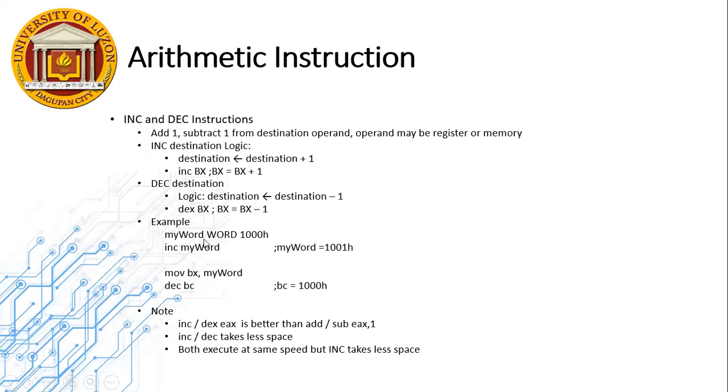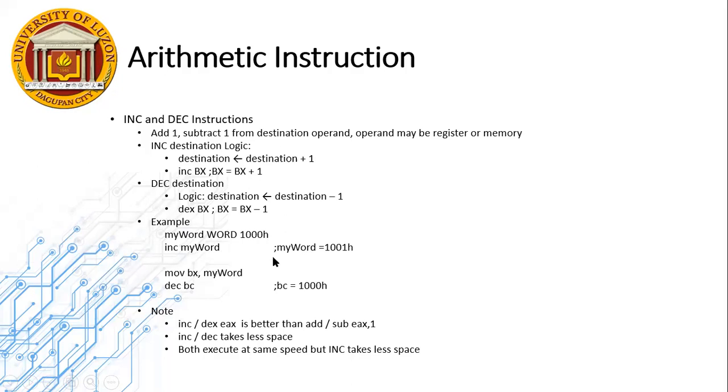The example below: I have identified my word and assigned a value of 1000 hexadecimal. I've incremented it by 1, so the value of the identifier my word is now 1001 hexadecimal.